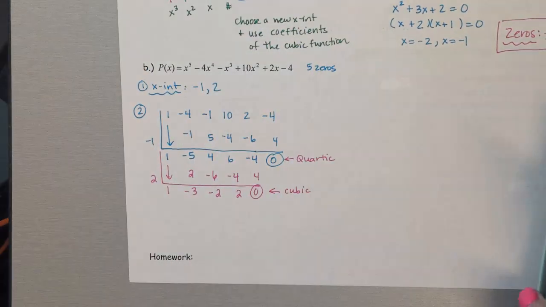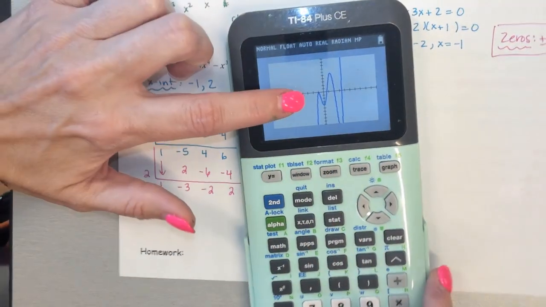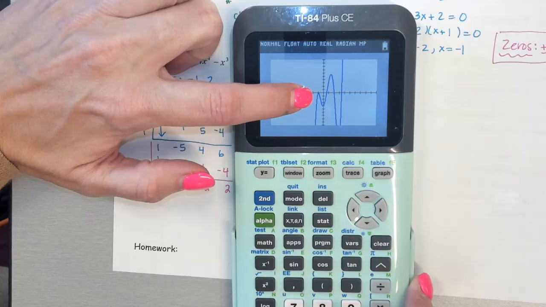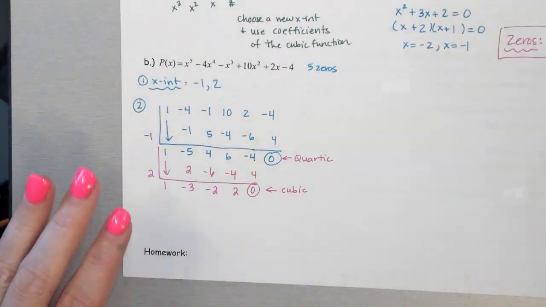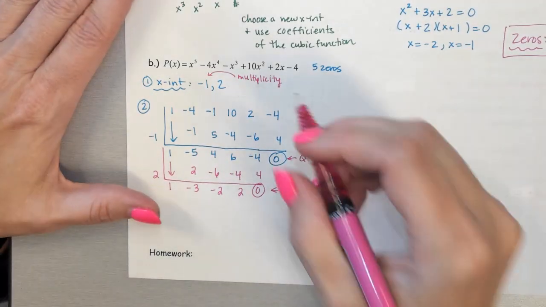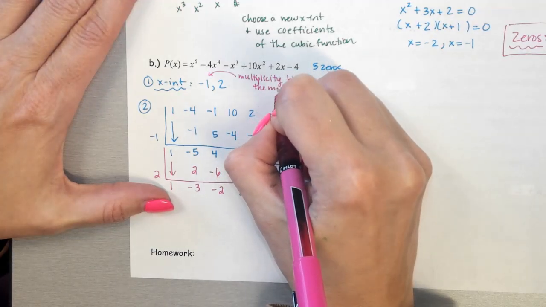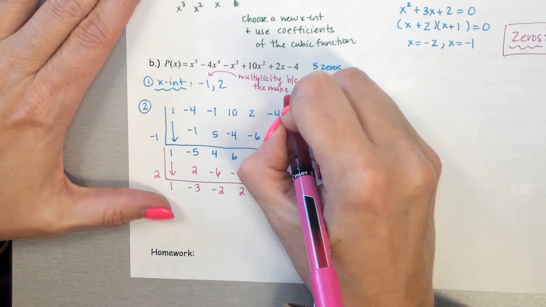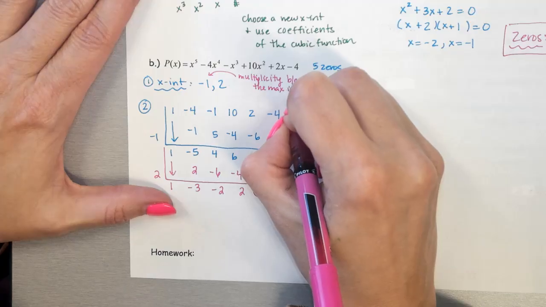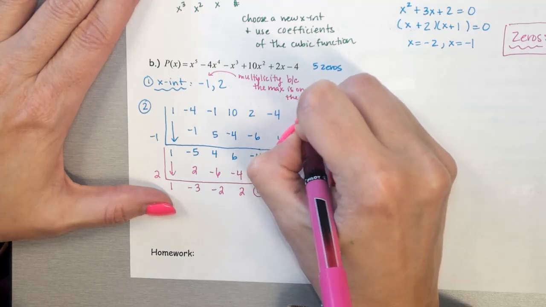Okay, so there's an even multiplicity here at -1. Okay, so this has a multiplicity, and that is because the local max is on the x-axis.